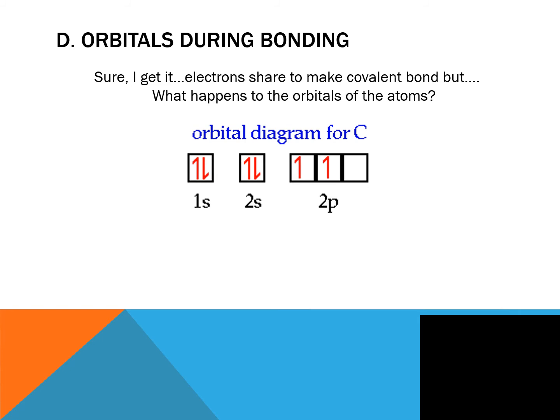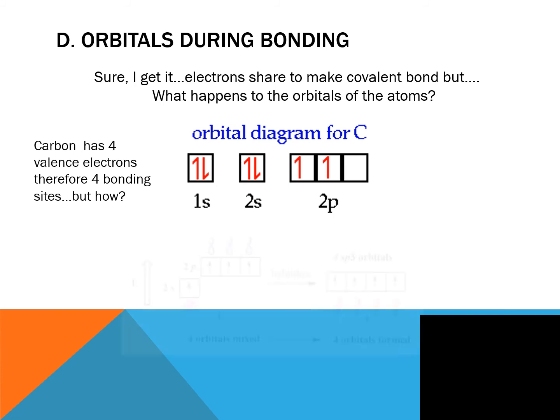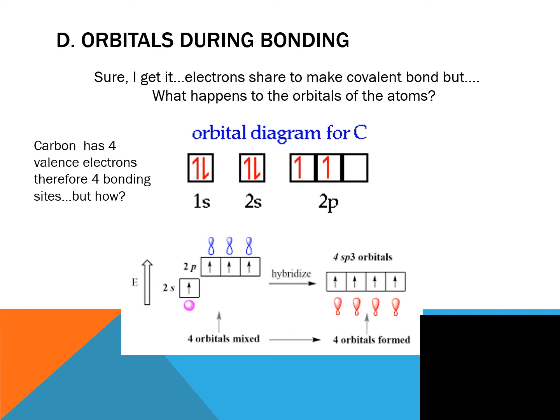So here we have carbon. 1s2, 2s2, 2p2, 6 electrons. So nothing happens to the 1s. That's the one thing you have to forget about because it's not the valence electrons. So carbon has 4 valence electrons. That means there's 4 bonding sites. So for 4 bonding sites to occur, that 2s has to change, and it forms into a hybridized orbital.